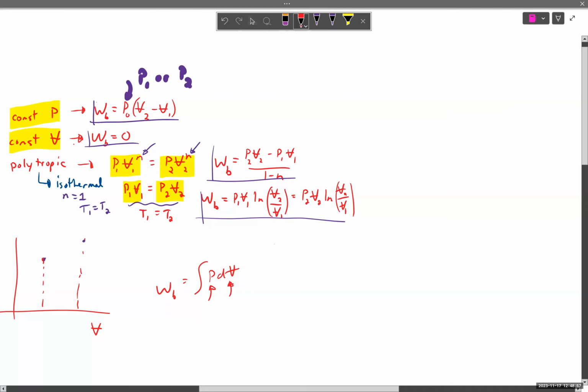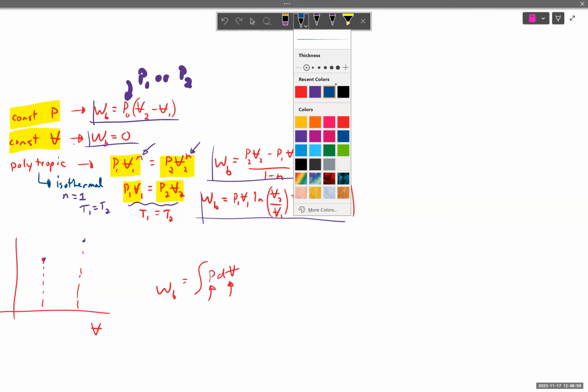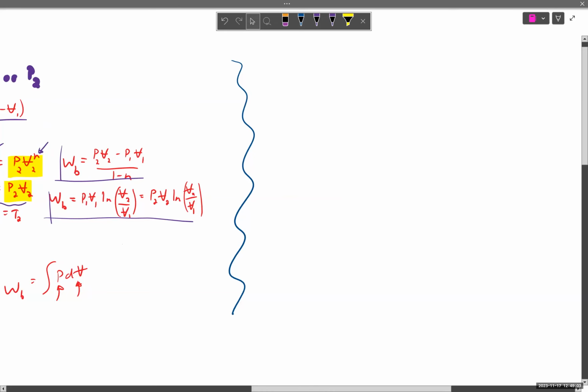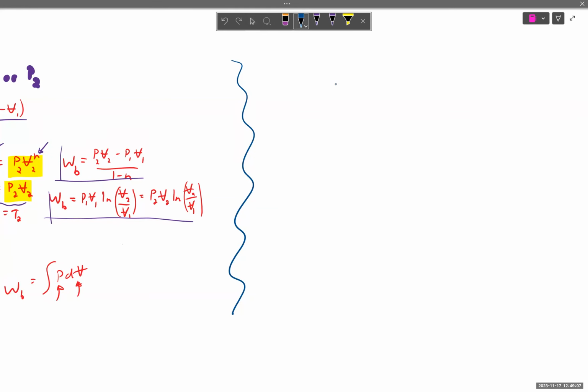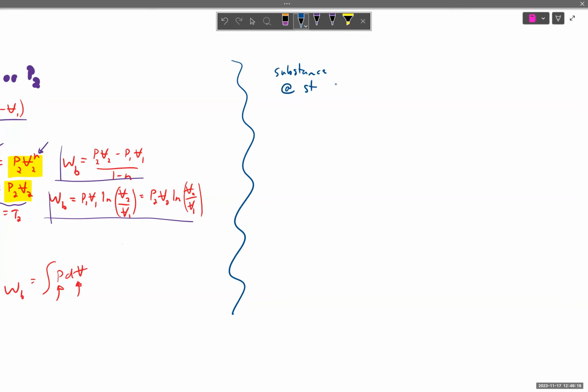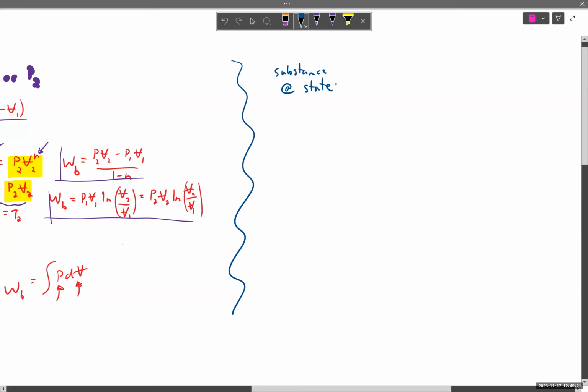So many questions. So this kind of dovetailed from things that we talked about in the previous exam of substance. So the substance idea is what's going on at one of our states, so at state one or at state two.